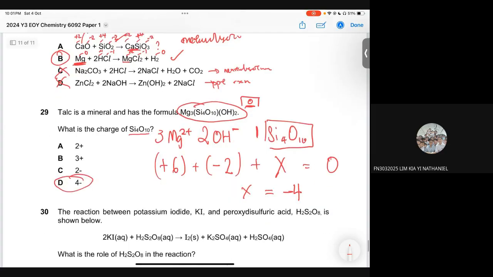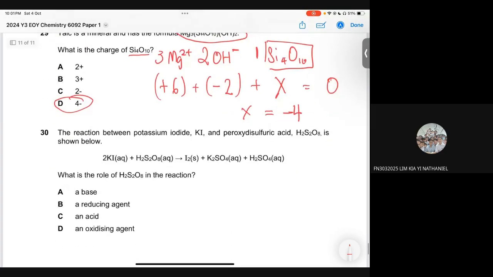Okay, and last one, the reaction between potassium iodide and peroxydisulfuric acid, as shown below. What's the role of H2S2O8 in the reaction? Now, take note, potassium iodide, this you know is a reducing agent.